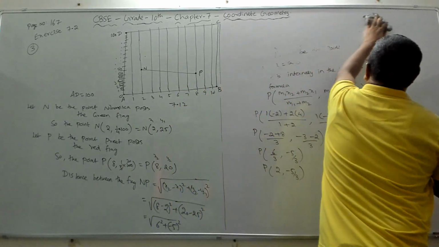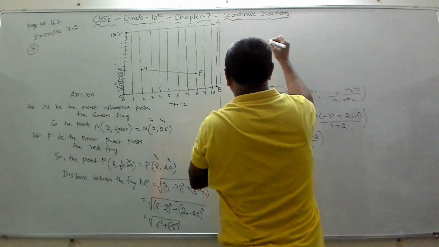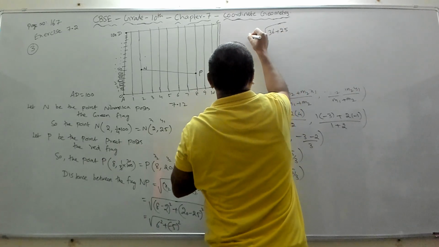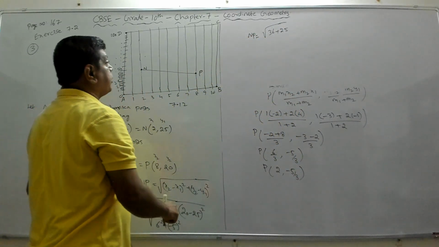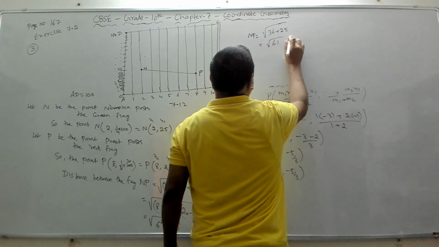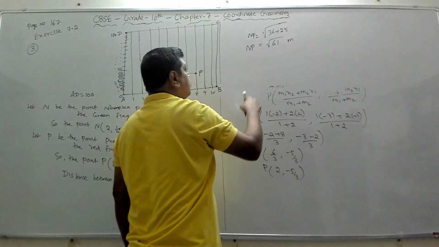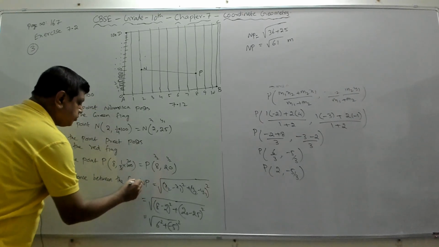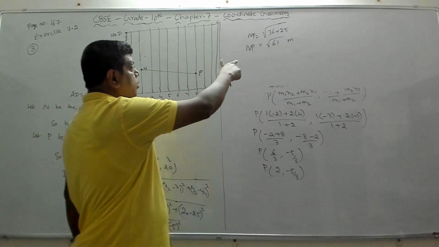So 6 square becomes 36, and minus 5 the whole square is 25. So square root of 36 plus 25, that is your NP, the distance between the 2 flags, equal to square root of 61. All are given in meters. So the distance between the 2 flags is square root of 61 meters.